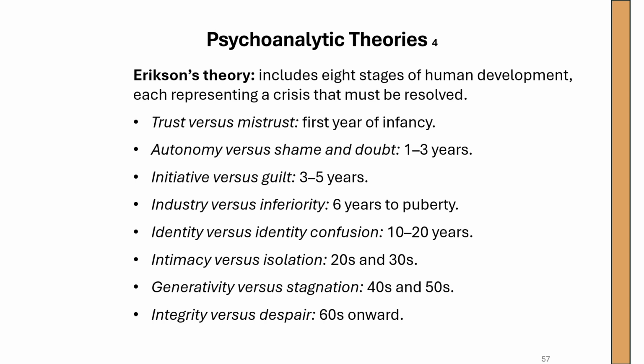Then 6 years to puberty, we're talking about industry versus inferiority. So how is this child developing in the context of relating to other people? Are they exploring? Are they creating ideas and thoughts and solving problems on their own? How well do they do that, right? There's a progression of this. Then identity versus identity confusion, which, like I said, we get into quite a bit later in the course.